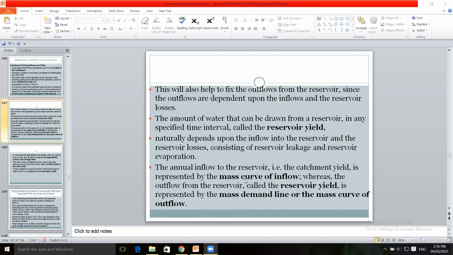So, the reservoir yield. How do we calculate this reservoir yield? What is the definition? The amount of water that can be drawn from a reservoir in any specified time interval is known as reservoir yield.